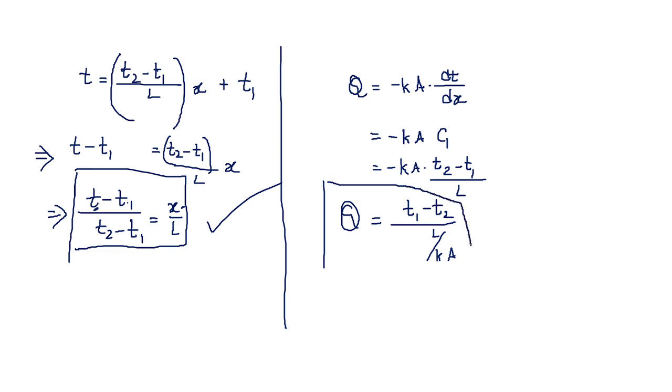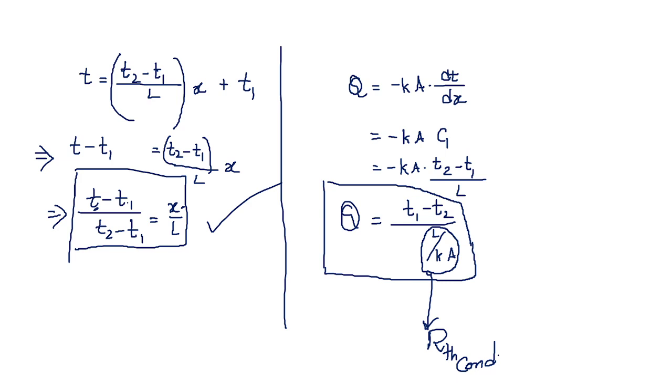We have learned this same expression in Fourier's law of heat conduction, if you remember. The assumptions of Fourier's law of heat conduction are these only: one dimensional steady state without internal heat generation. And this denominator term, we named it as the thermal resistance due to conduction. So this is the formula for heat transferred through a plane wall. Is it clear?